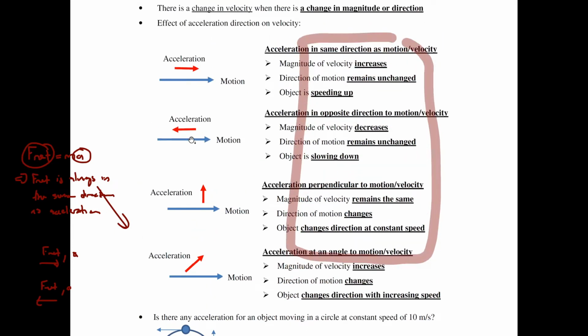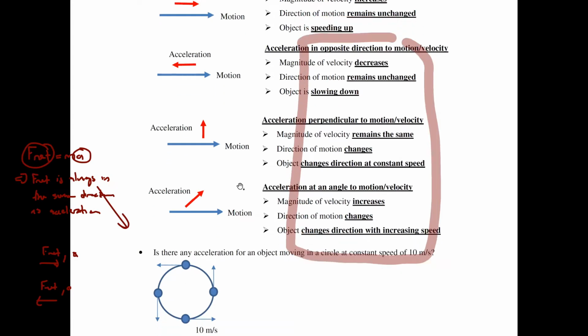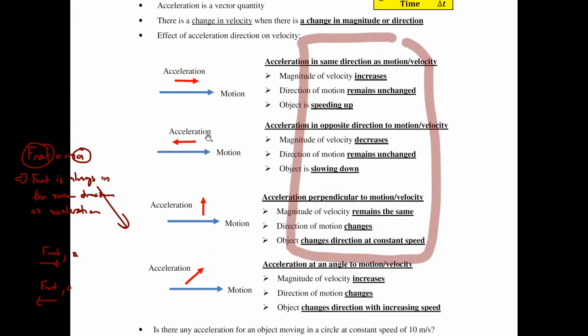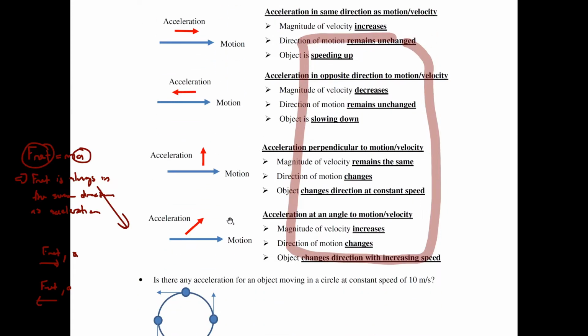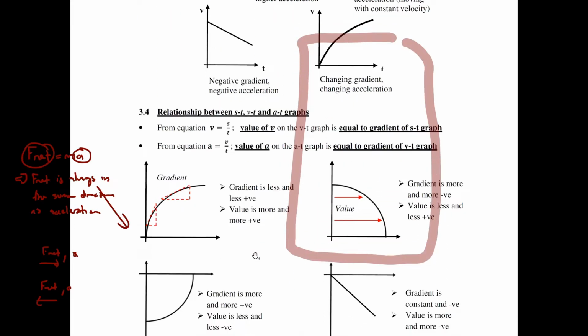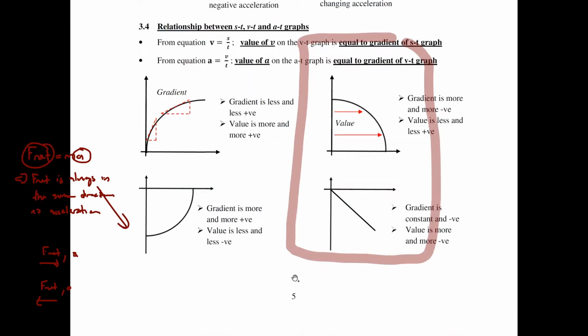That one is under pages 4. We talk about what happens to the motion of an object when acceleration is in the same direction as the motion, in the opposite direction to the motion, or perpendicular to it. So that one, you will use it here, in the example that you are doing.